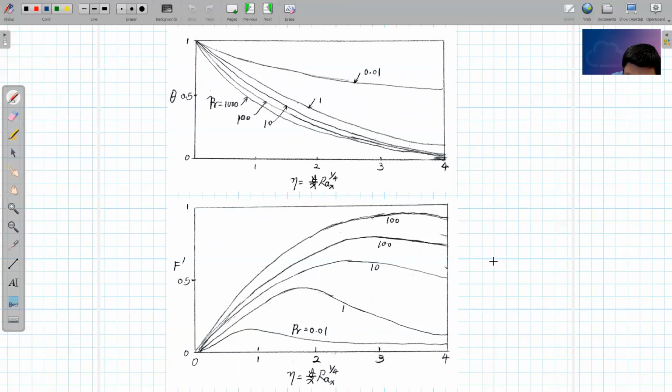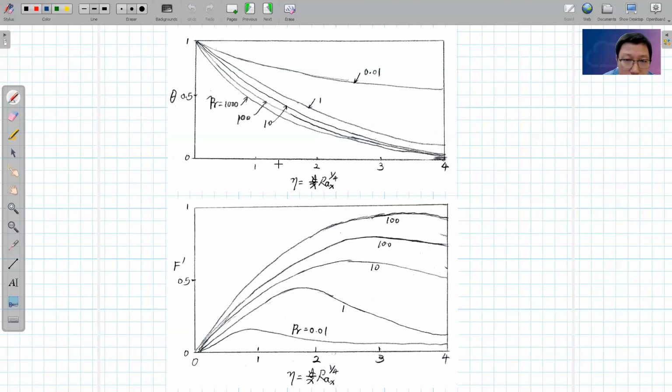For the similarity result, we only have the numerical solution, so we cannot write it in an exact form. We usually use these plots to represent what the solution looks like. Our textbook does not have it actually, but I know that some other textbooks have a chart.